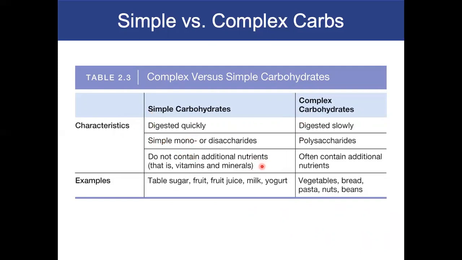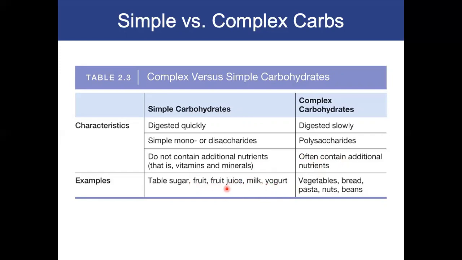If you eat a donut or a piece of white bread, you're not getting very many nutrients compared to eating complex carbs, right? Complex carbs are more nutrient dense and they're going to have a lot more vitamins and minerals. So examples of simple carbs: table sugar, fruit juice, milk, and yogurt.